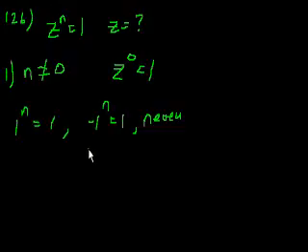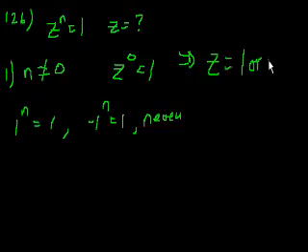So, assuming that, if n does not equal 0 and z to the n is equal to 1, the only possibilities are that z is equal to 1 or negative 1. And if it's negative 1, then n would have to be an even number, but they didn't restrict that yet. So statement 1 by itself helps us, but it doesn't give us enough information. We can just narrow it down to z being 1 or negative 1.